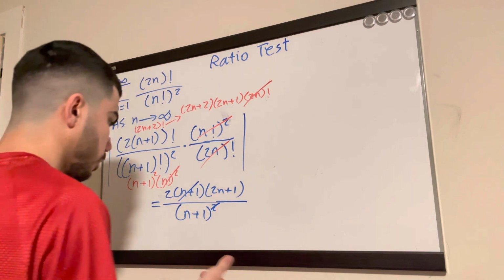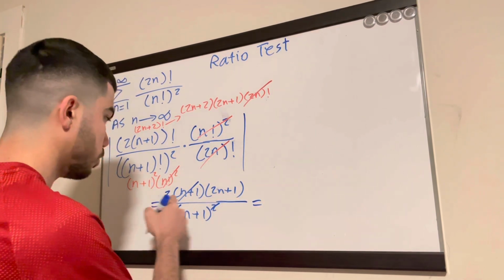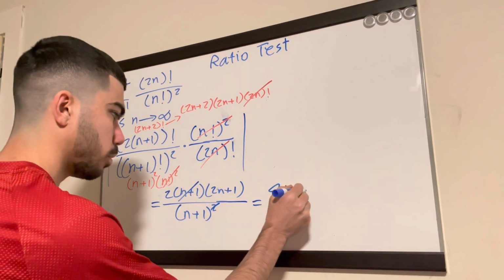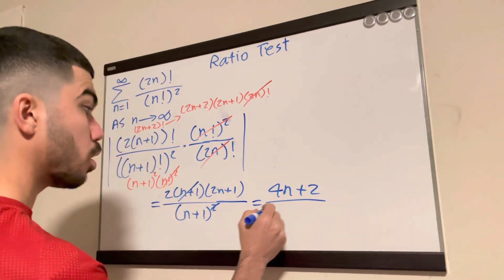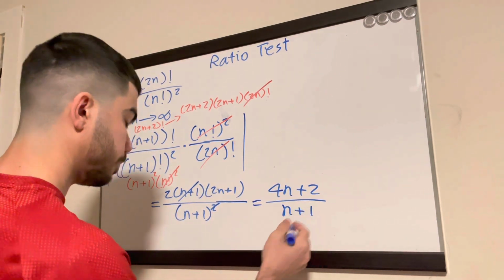There we go. This equals (4n plus 2) over (n plus 1).